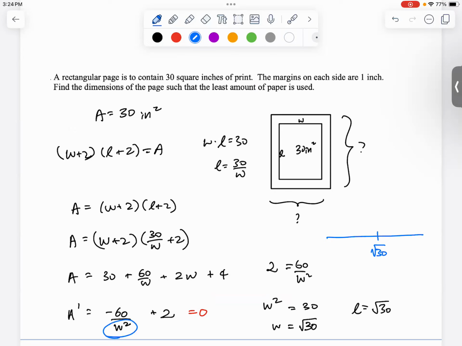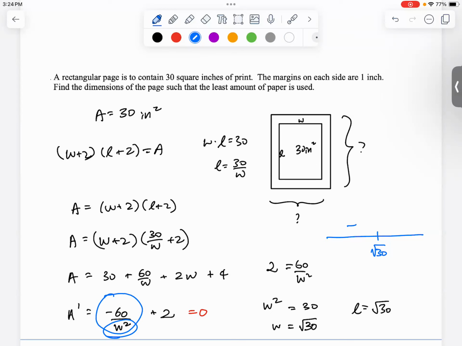If W is smaller than square root of 30, then you have a negative number on the first term that is bigger than 2, and then plus 2, so that results in a negative.